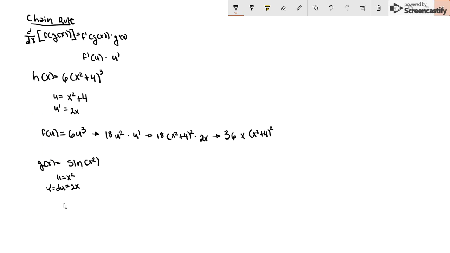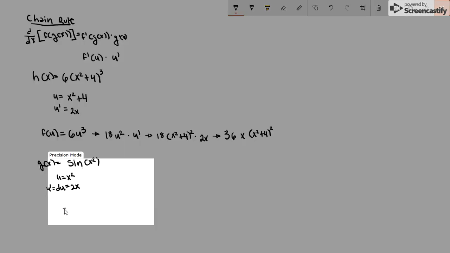So your f function, so f of u becomes sine u, right? And what's the derivative of sine u? It's cosine u. So now we have f prime, so cosine u, right?